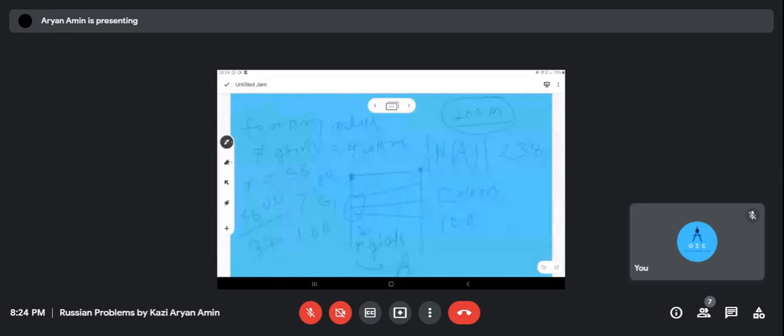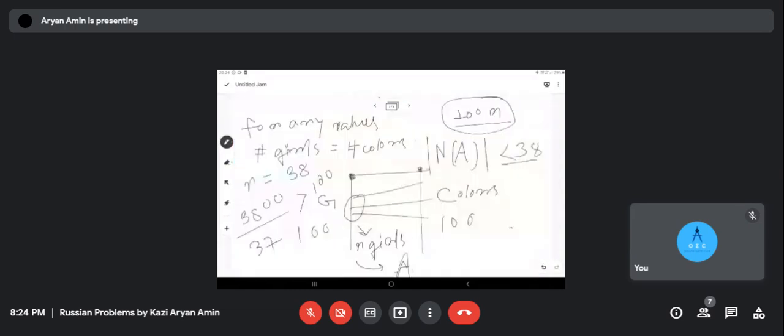So what we came to the conclusion is that if N of A was something less than 38, then some color would have more than 100 balls, which would not make sense. So you come to the conclusion that N of A is at least 38. Hence, Hall's condition is met.